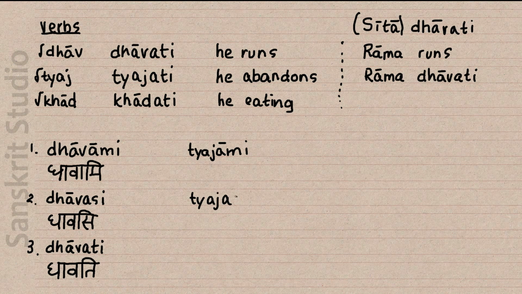Tyajasi, you abandon. And tyajati, he abandons. So we have our T, and this is not the ta, but a lonely T. Normally our ta looks like this, but since we only need the T, we have to remove the vertical stroke like that, and now we do the ya and the j.